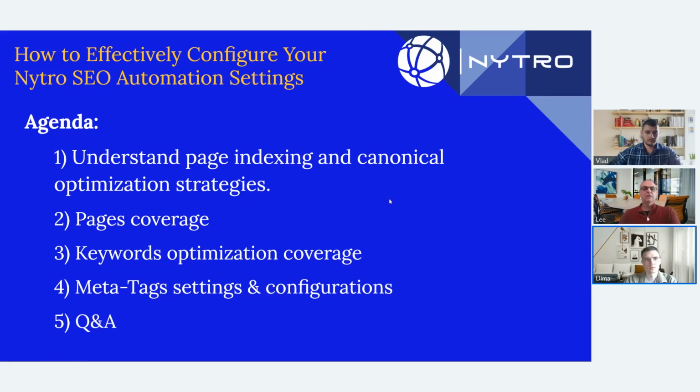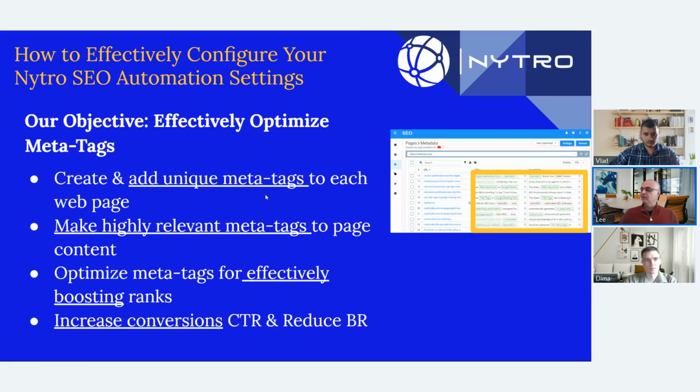Okay. So what are our objectives when we try to use the system and create tags? First of all, we want to create tags that are unique to each web page. You often see a lot of repetitive tags that are generated automatically without any intelligence, without any understanding of the web page content.